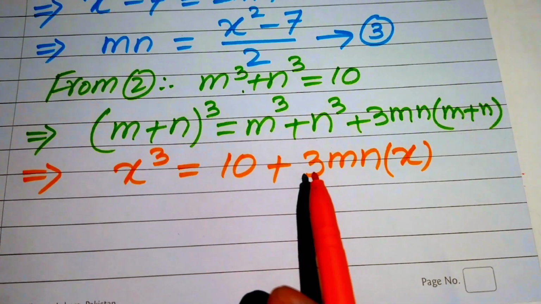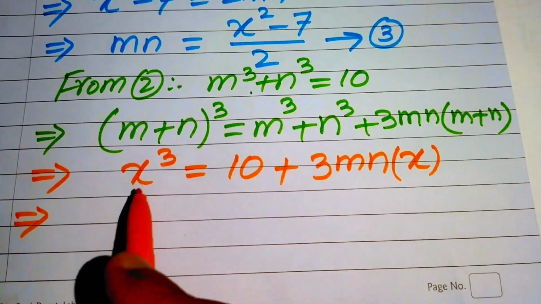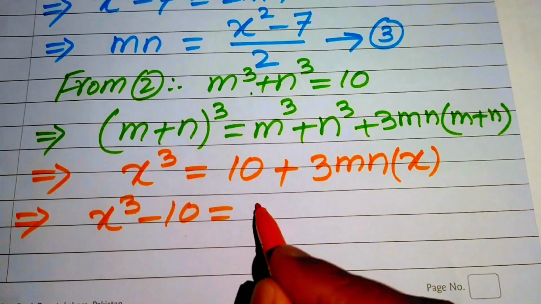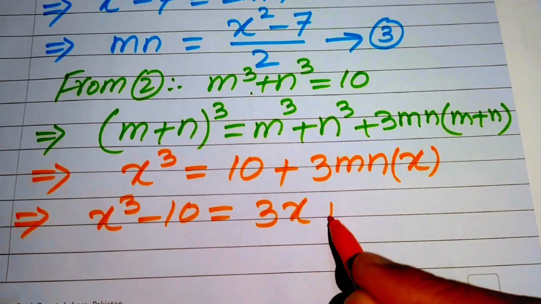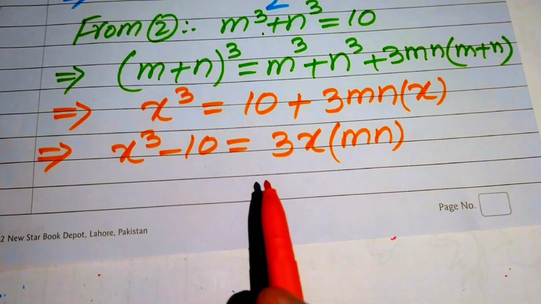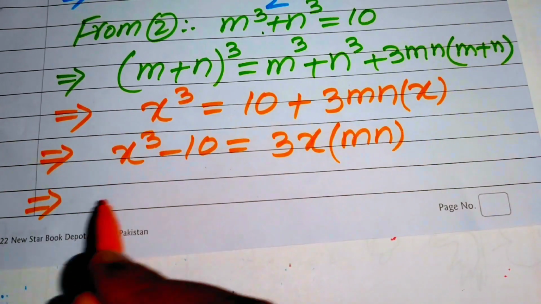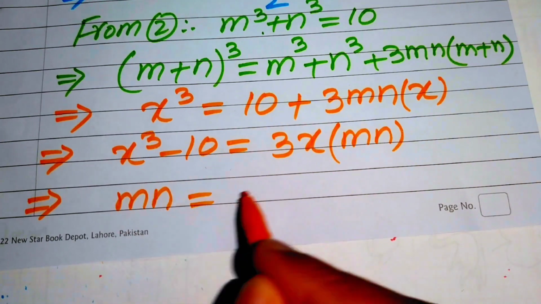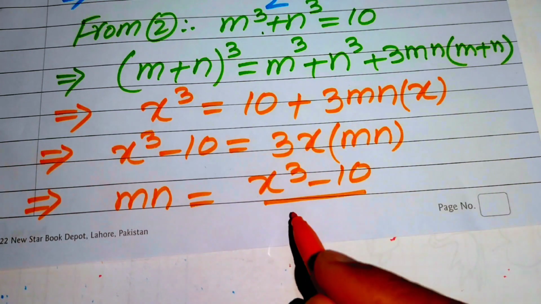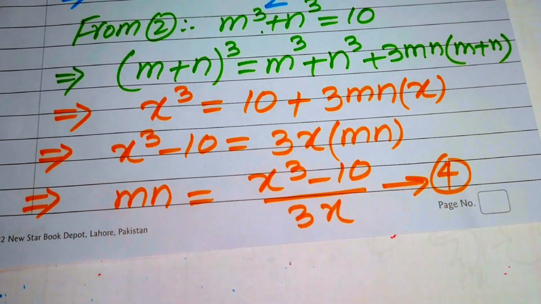We move all the other terms to the left hand side, and first we move this 10 to the left hand side, and we get x cubed minus 10 equals 3 times x into m times n. And now we move this 3 times x to the left hand side, and you get the value of m times n equals x cubed minus 10 divided by 3x, and we call this equation number 4.